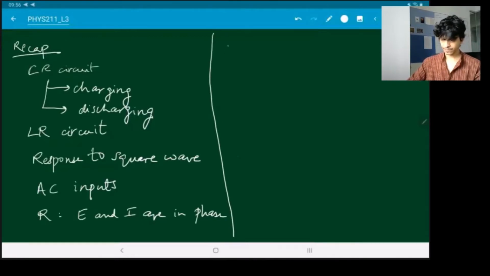But if you have an inductor, then the current lags behind the voltage, and if you have a capacitor, then the current leads the voltage, and both of these are by a phase of 90 degrees.